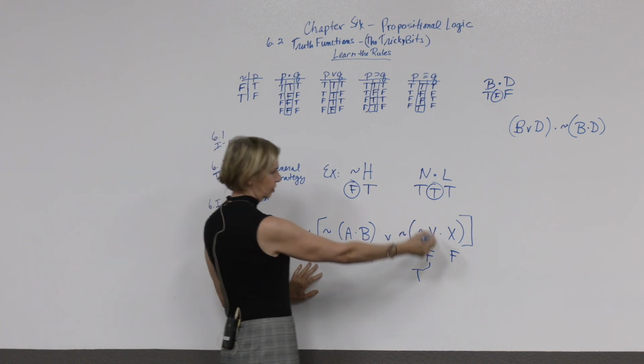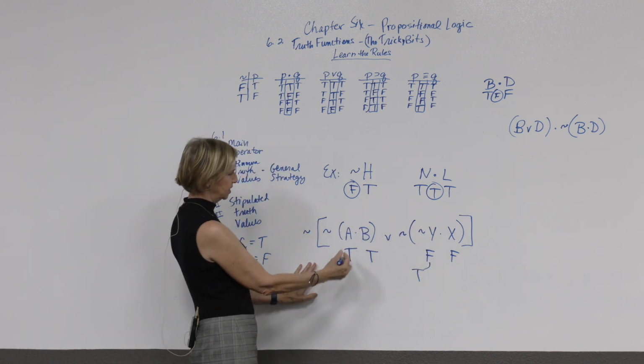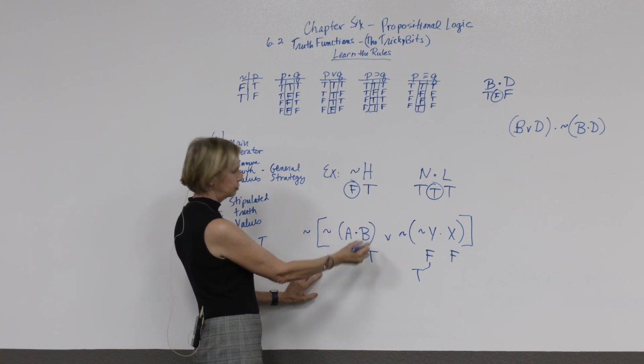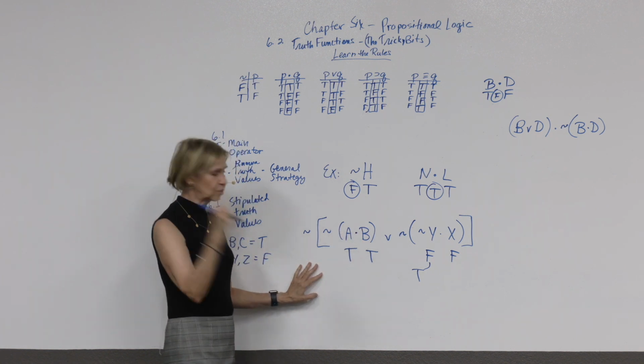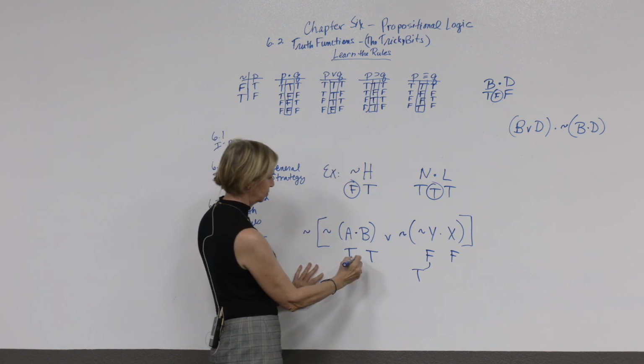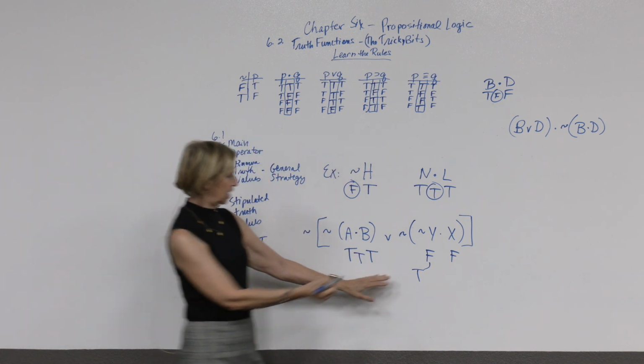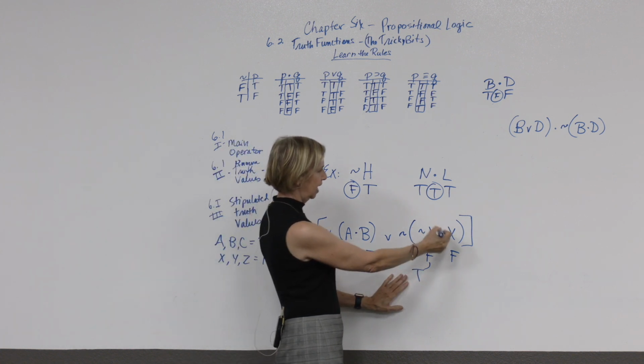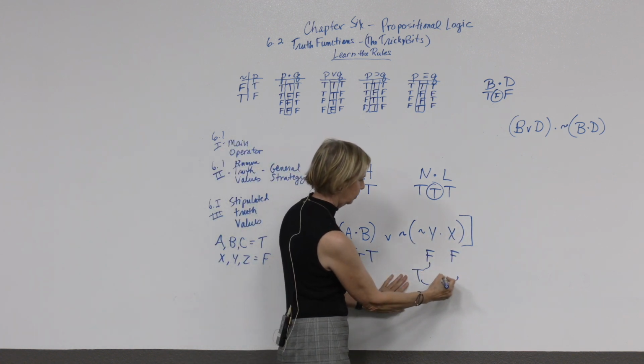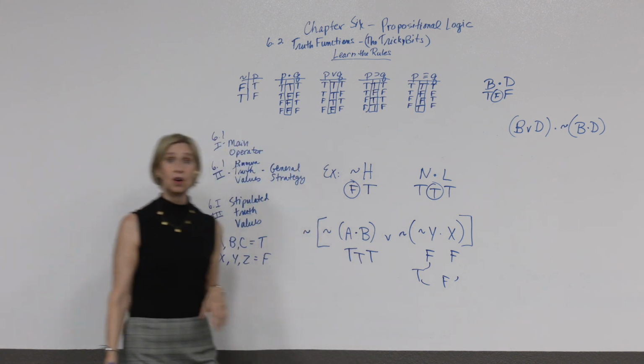So now we work inside the parentheses. So this is a dot, true and true. Again, knowing the rule, not looking at the tables, but knowing the rule, is this going to work out to be true? And over here, true and false, again, we would say is going to work out to be false.